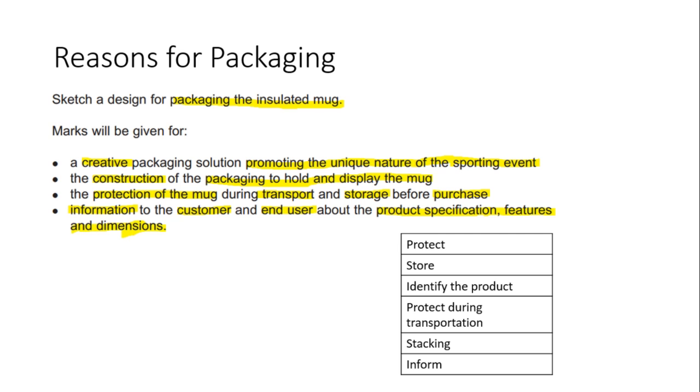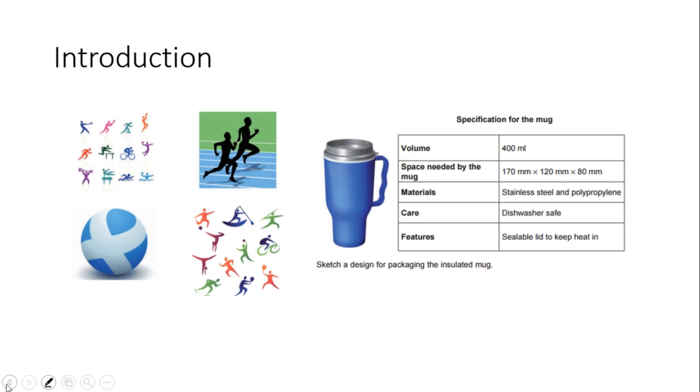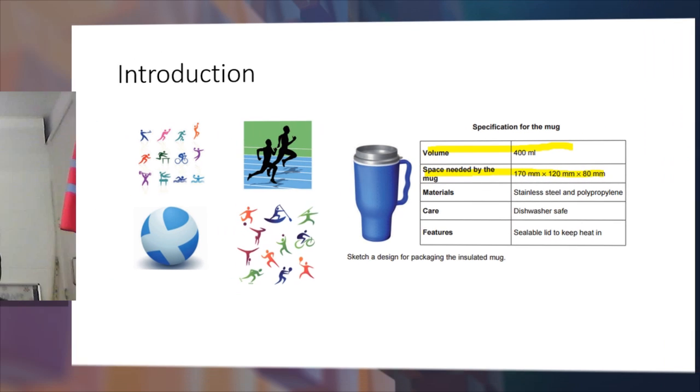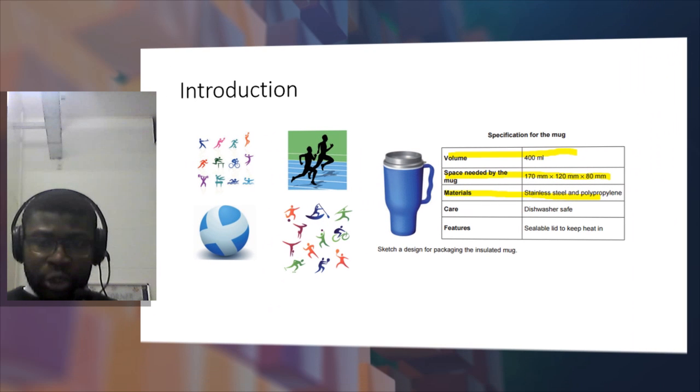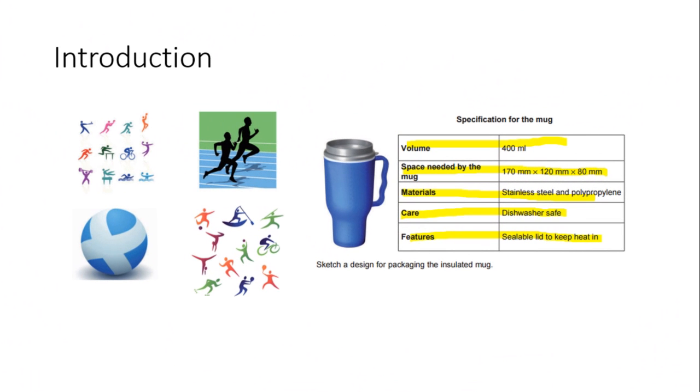And if you remember, if we go back, you will see that all that information has been provided for you over here. So all this information here, you need to make sure that this appears somewhere on the packaging. Now, if you look carefully, there are symbols, for example, for volume.